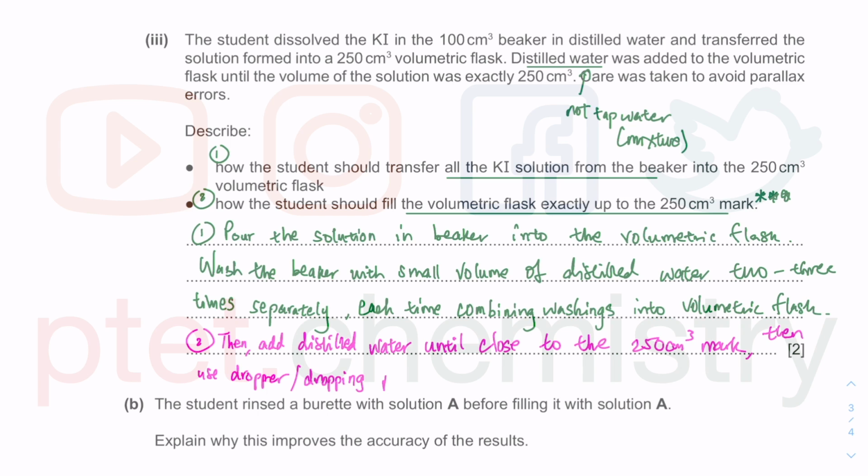So not a pipette, but a dropping pipette, okay, to add distilled water dropwise. Drop by drop means dropwise until the 250.0 cm³ mark. And that's it.